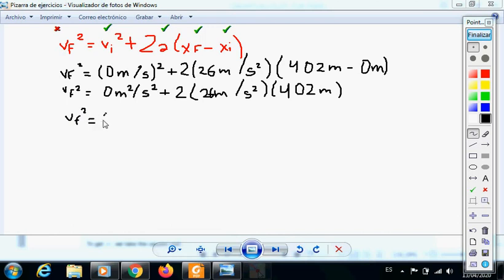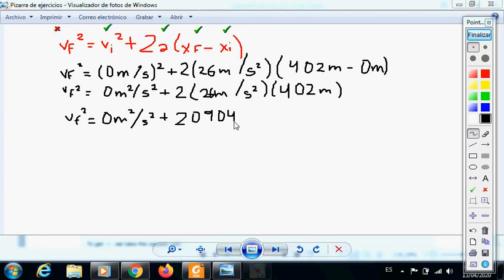We have the square meters per square seconds, plus 2 times 26 times 402, it's 20,904.